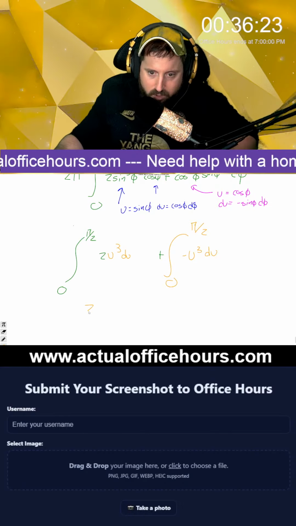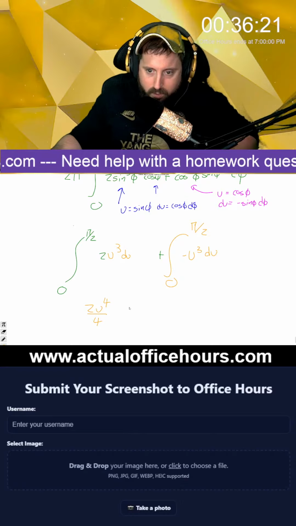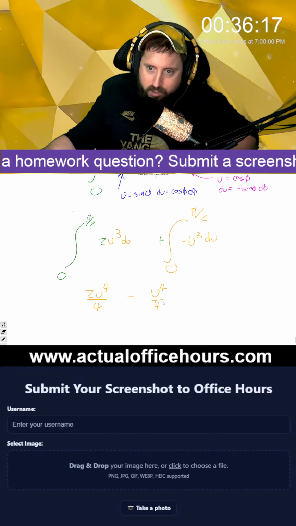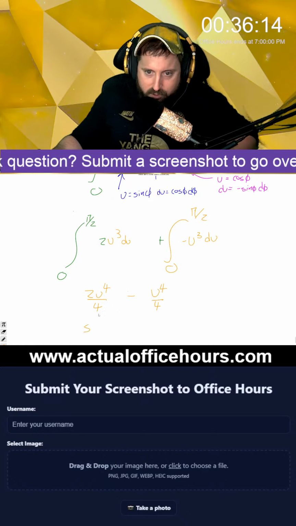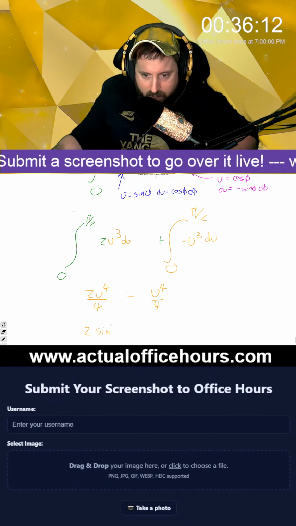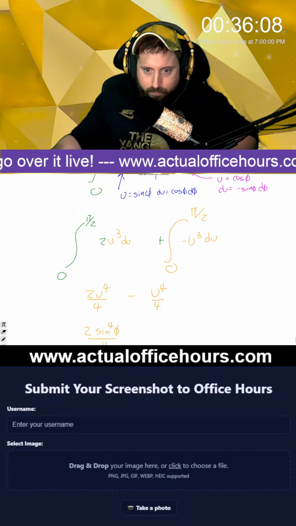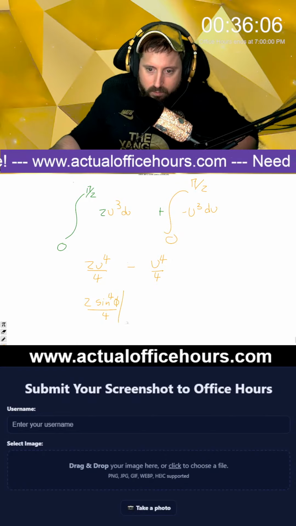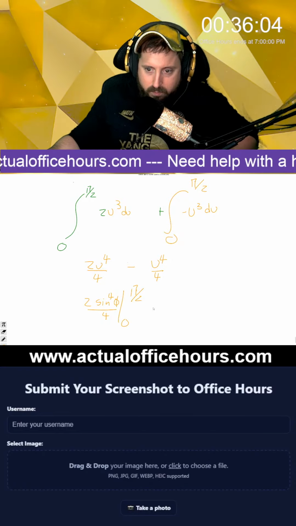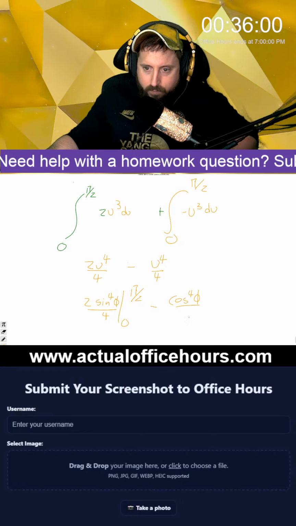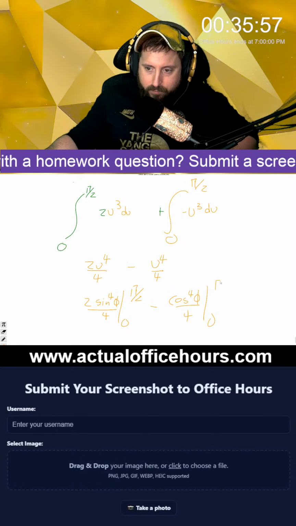So when you integrate, you get 2u to the fourth over 4 minus u to the fourth over 4, but then they're different u's. So this is 2 sine to the fourth phi over 4 from 0 to pi over 2, minus cosine to the fourth phi over 4, 0 to pi over 2.